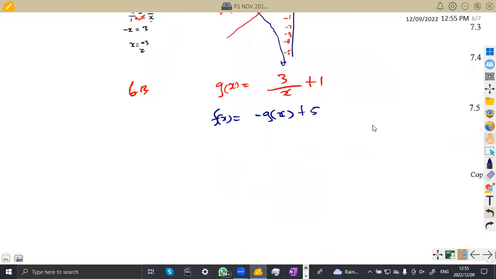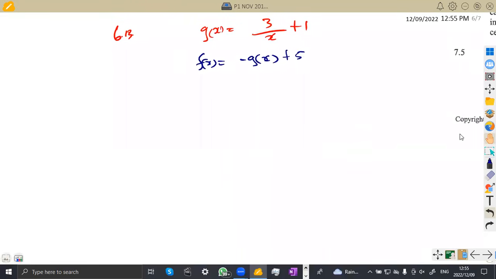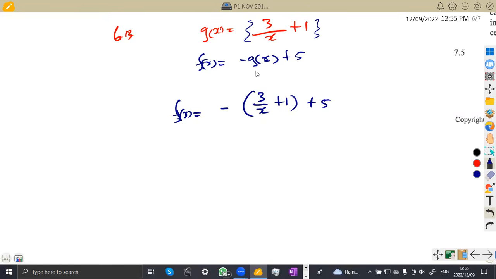So that means our f(x) here can be written as negative g(x), the whole of this expression, which is 3 over x plus 1, plus 5. So whatever you multiply g(x) by, you add a 5. All right, so let's find f(x).